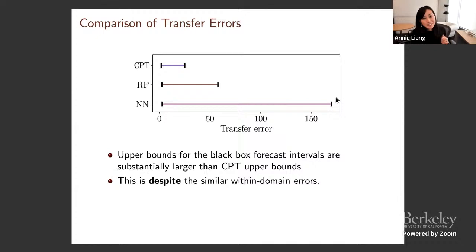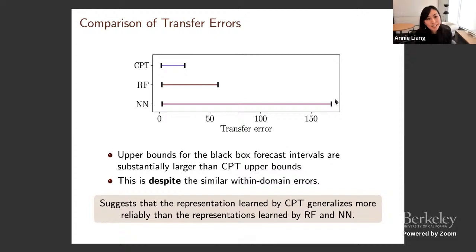And note that this is despite the fact that we saw that within domain, the out-of-sample errors were actually quite similar. So that's intriguing because it's telling us that although the representations that the economic model and the black box algorithms were learning had similar errors out of sample within domain, the representation that CPT is learning does indeed have different implications in these transfer prediction tasks compared to the representations learned by the random forest and the neural net.